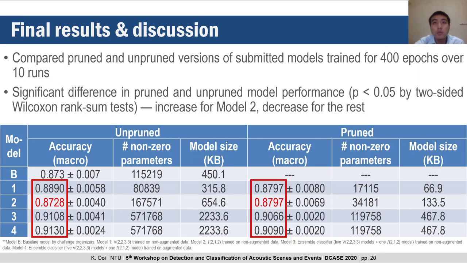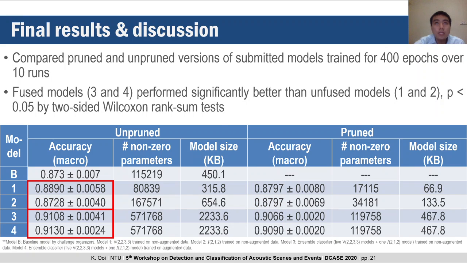This could be due to a possible overfitting of model parameters to the training sets in the unpruned version of Model 2, which could have been resolved precisely because pruning reduced the parameter count in the model. On the other hand, the decreases are as expected because of the decrease in parameter count due to pruning.